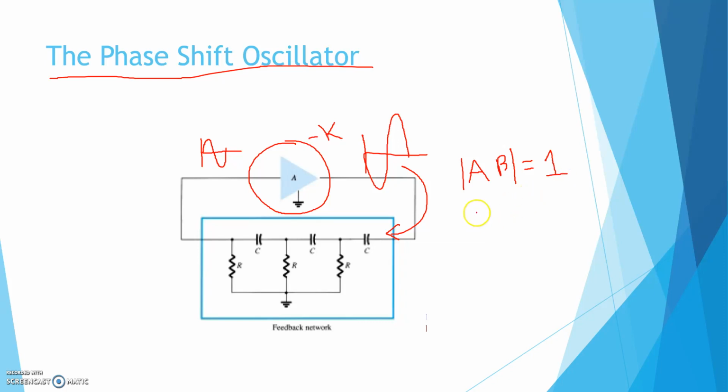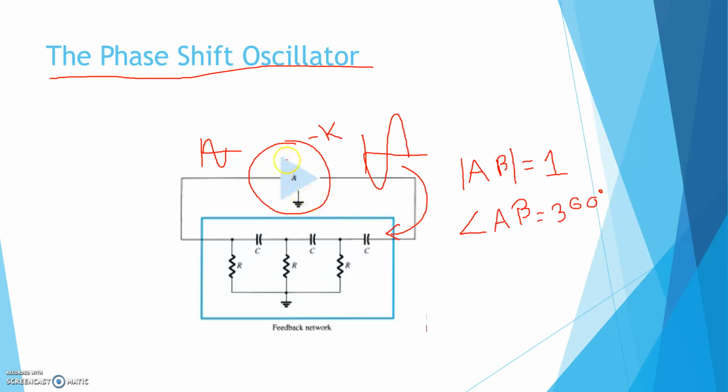And in one complete loop rotation the phase shift should be 0 degrees or 360 degrees or a multiple of 360 degrees. That is, the angle of A beta should be 360 degrees. Clear? You know this from the basic concept of the oscillator.